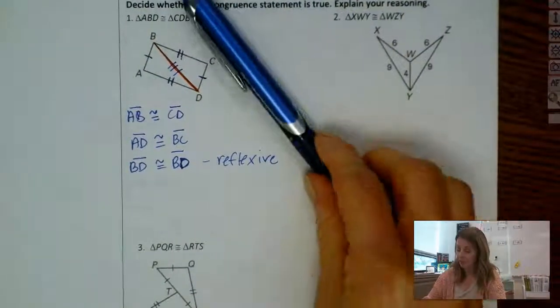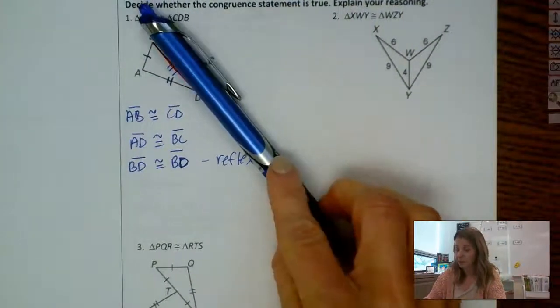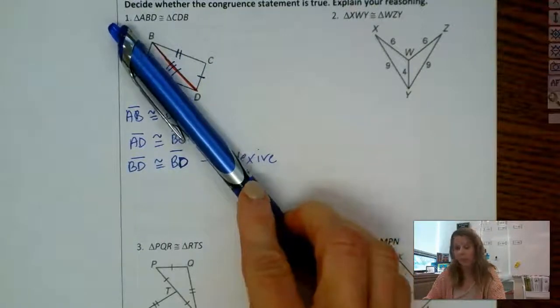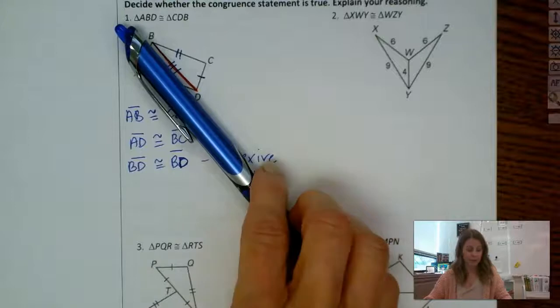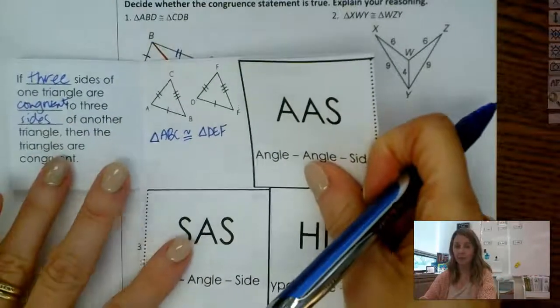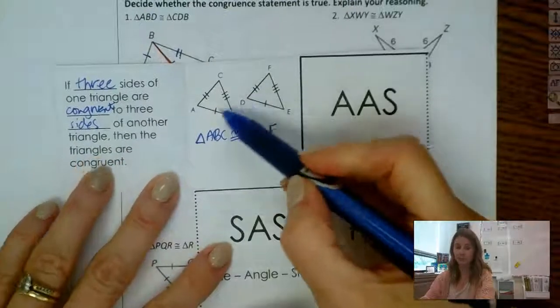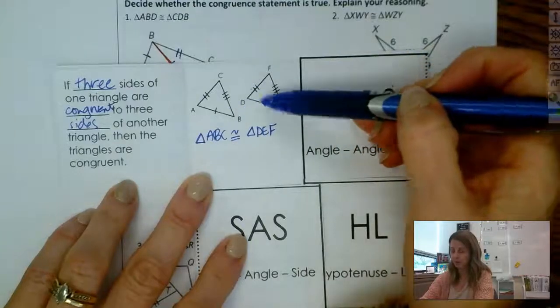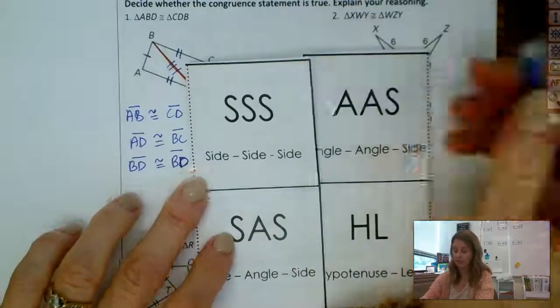If I cover up this triangle, I want you to see 1 tick mark, 2 tick marks, 3 tick marks. And I want you to see the 1, 2, 3 on the other triangle as well. So that means what I see here, even though in our foldable these triangles are separated, when I visually see 1, 2, 3 tick marks, 1, 2, 3, I know I have SSS.